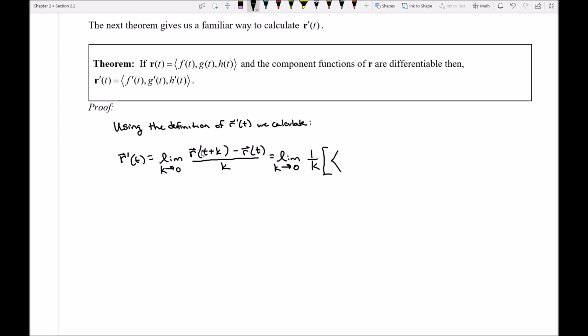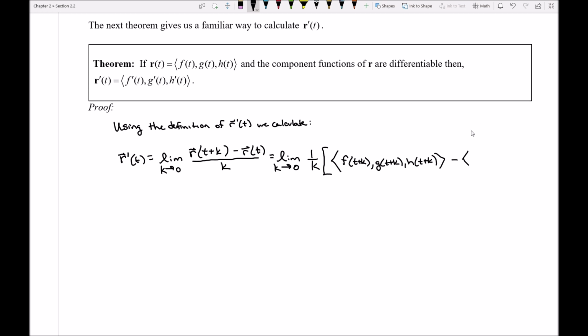First off, this vector, r of t plus k, is pretty easy to express. That would just be f of t plus k, g of t plus k, and h of t plus k. Right? Because that's just my vector r when I replace all t's with t plus k's. Now, of course, I want to subtract from this my vector r of t.